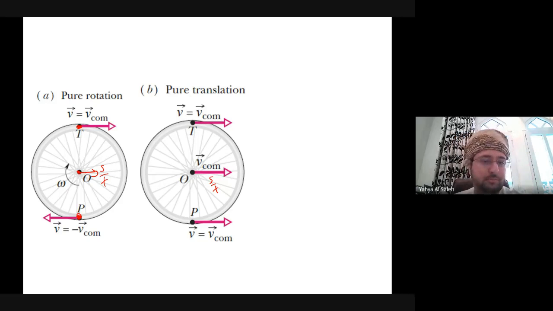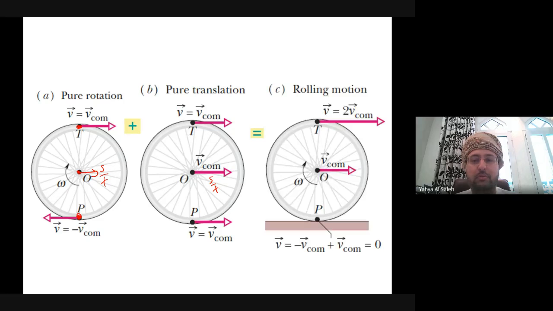In pure translation, if I'm only moving this way without rotation, then everywhere has the exact same velocity. VCOM, VCOM, VCOM, all in this direction. Still so far so good. Now, when I am doing both rotation and translation, like a car wheel, for example, what do I end up with?